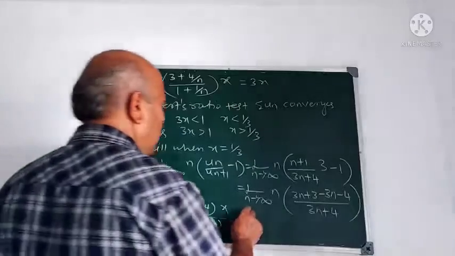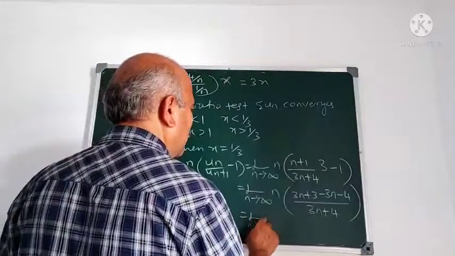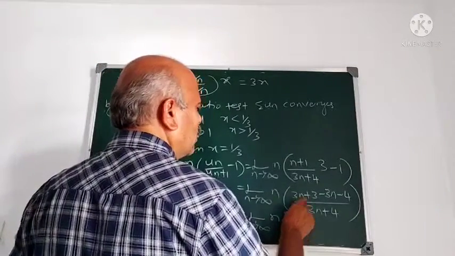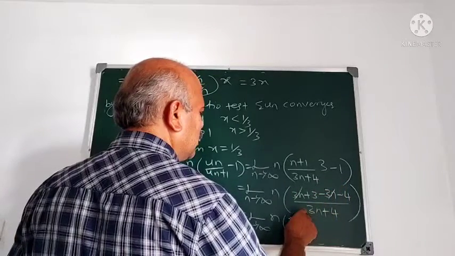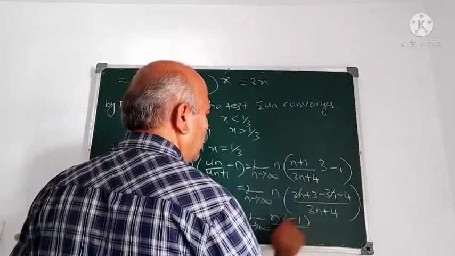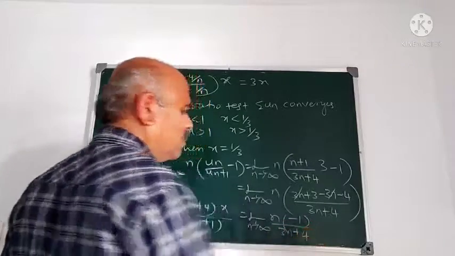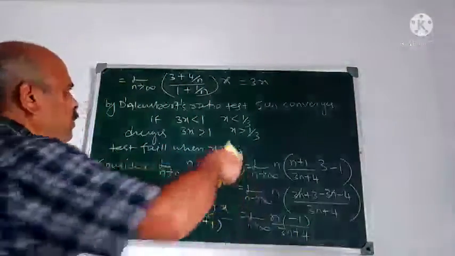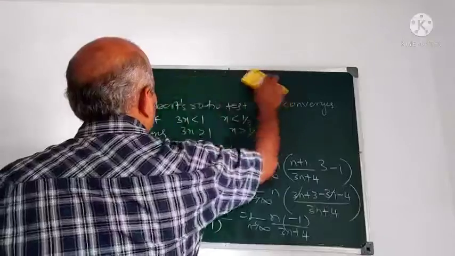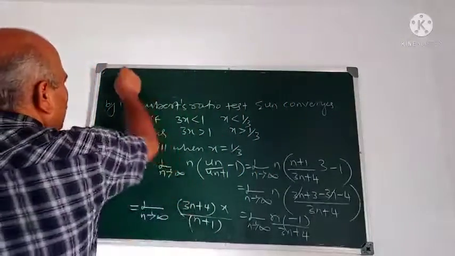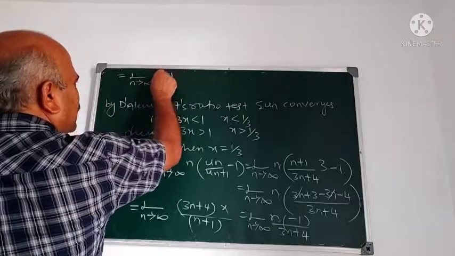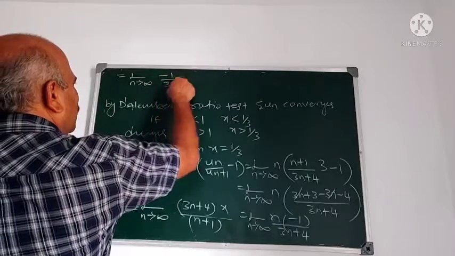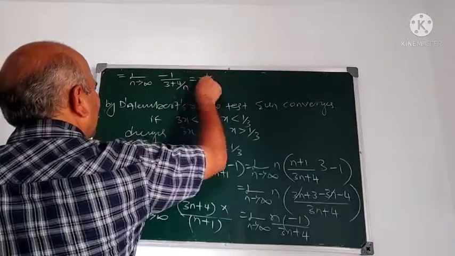So limit n tends to infinity of n into, 3n cancels, minus 1 upon 3n plus 4. Now, what is the limit? It is limit n tends to infinity of minus 1 upon 3 plus 4 by n, which is minus 1 by 3.